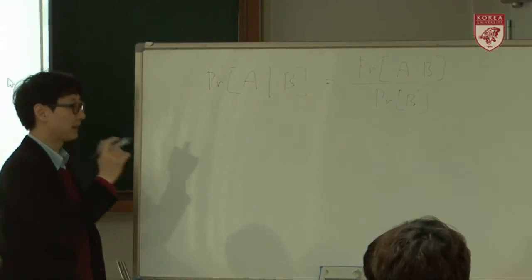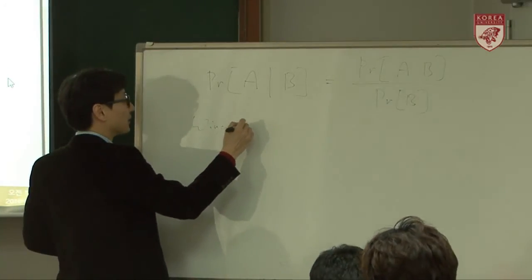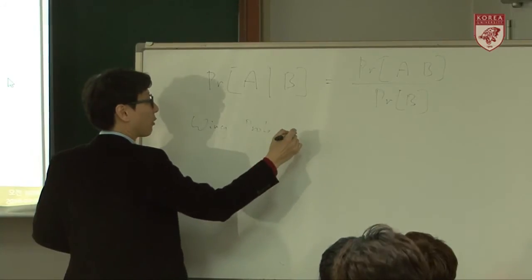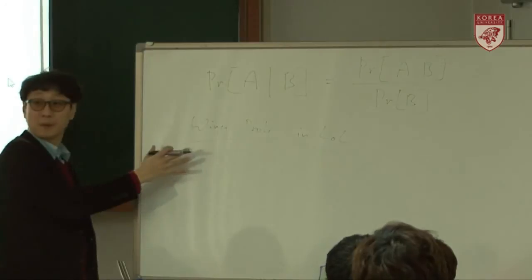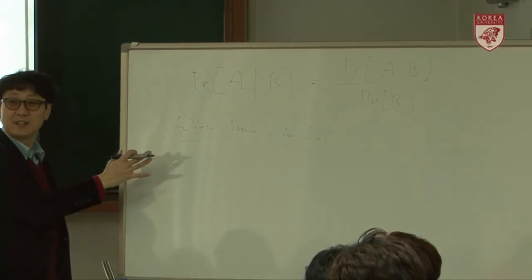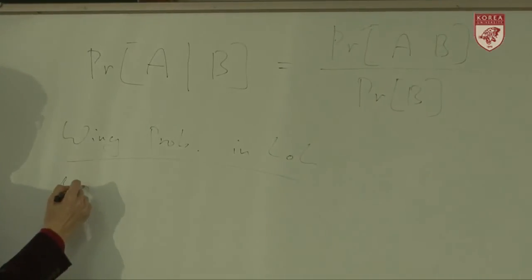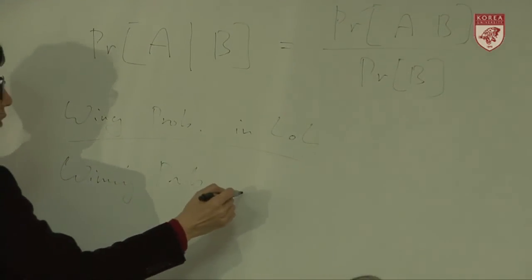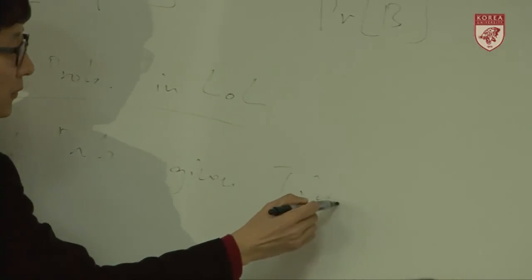So it is like that. Your winning probability in a LOL match, this is just a probability. However, we have some conditional probability, that is winning probability given Teemo is a top solo.